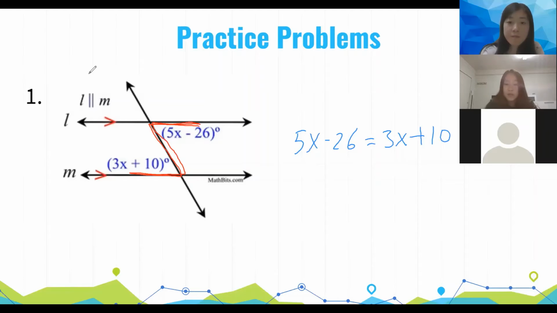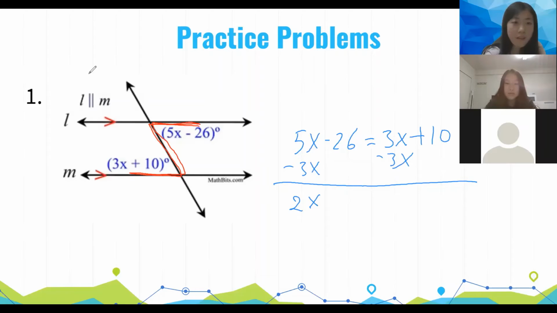And I'm pretty sure you know how to solve this equation. Do you want to solve? Sure. Plus 10.